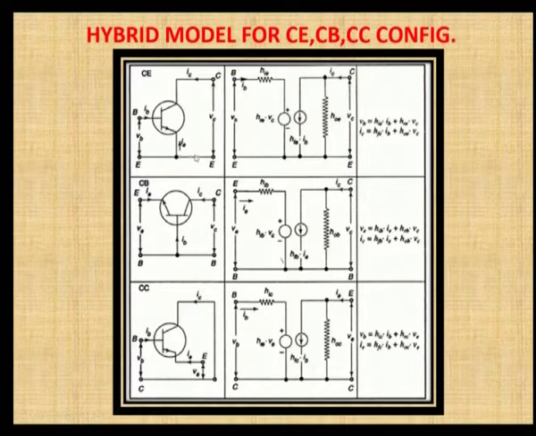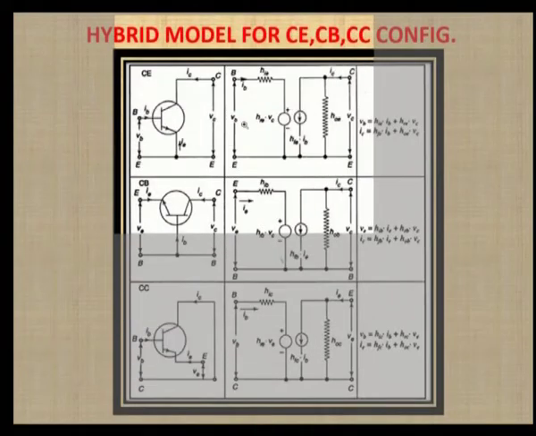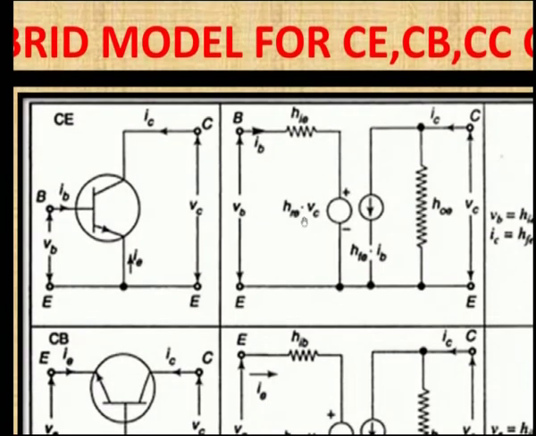So, in this diagram, when you look at this common emitter configuration, the hybrid model is given as HIE in series with the voltage source, and HOE in shunt with the current source.